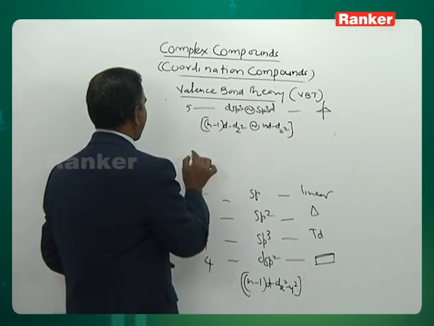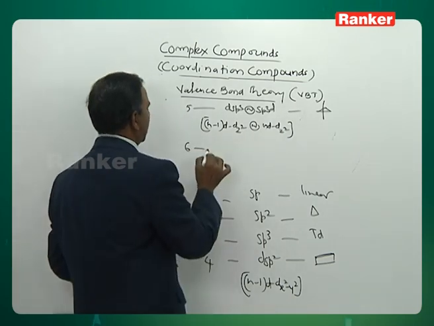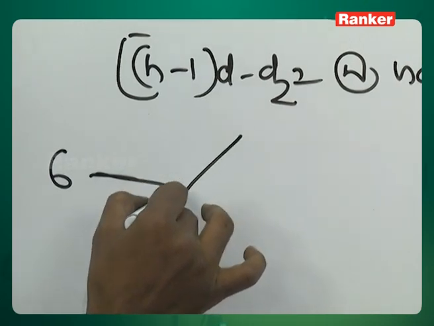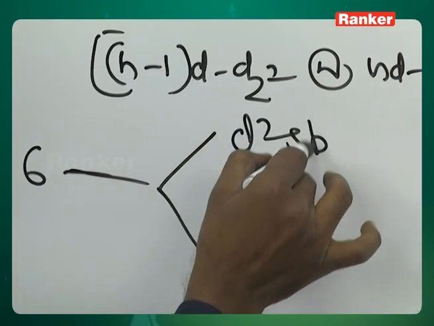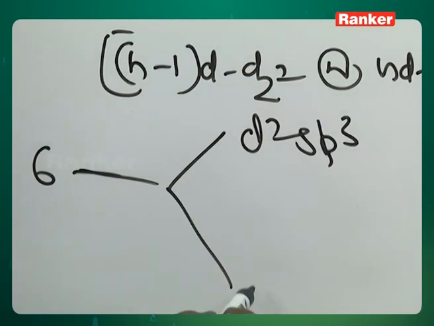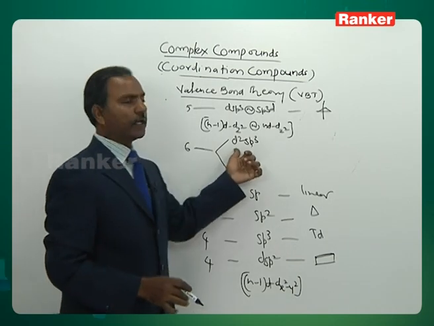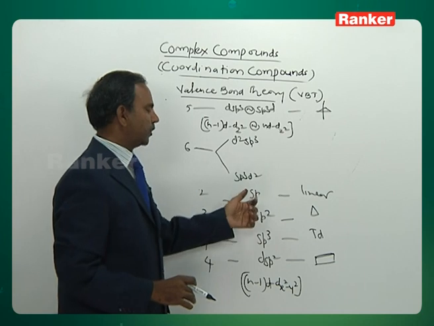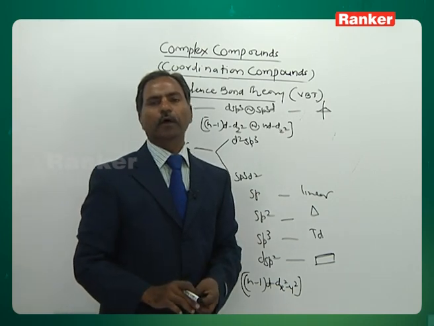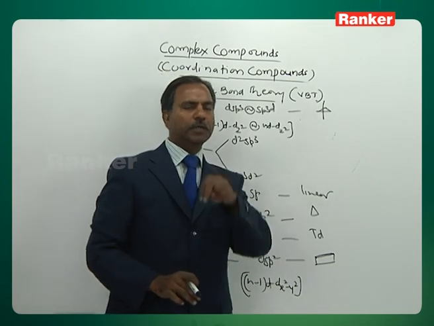Coming to the next one, coordination number 6. Then you know well there are 2 possibilities of hybridization, one inner and one outer. It is either d2sp3 hybridization, or you can consider sp3d2. Once you write d2sp3, this will be an inner orbital complex, and sp3d2 will be an outer orbital complex. Whatever it may be, inner or outer, 2 d orbitals are participating here.